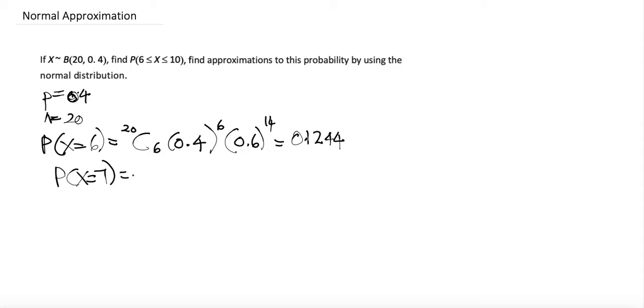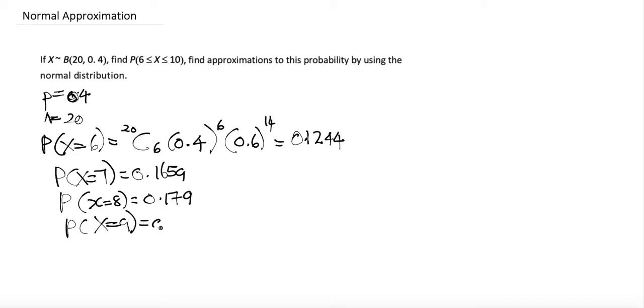I already got the answer, which is 0.1659, and for the probability of x equals 8, I've got 0.179, and for x equals 9, I've got 0.1597, and finally the probability of x equals 10 is 0.1171.